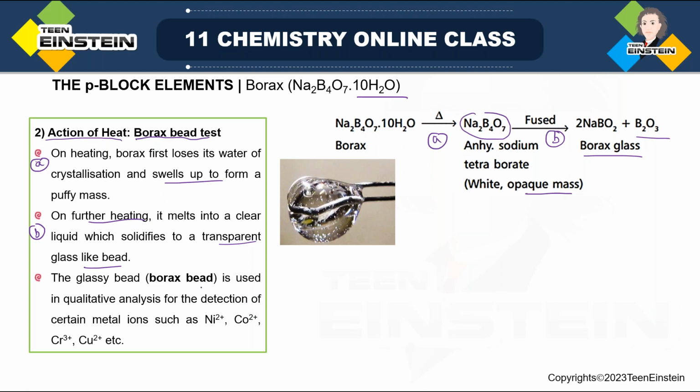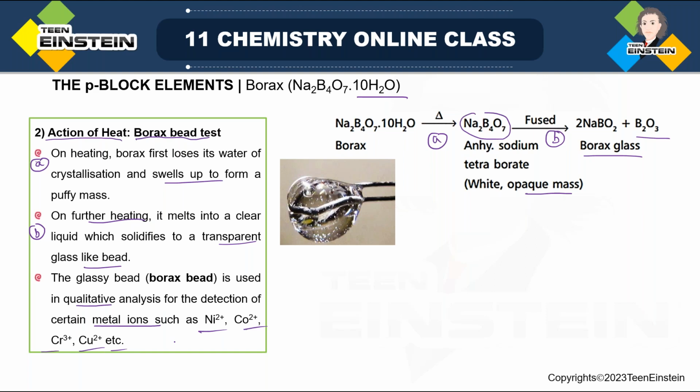Now this glassy bead is actually used in the borax bead test. This is qualitative analysis. That means if you want to know whether certain metal ions are present in a sample or not. Suppose you have some unknown sample of inorganic ions, and you want to be sure, then you can do this test.